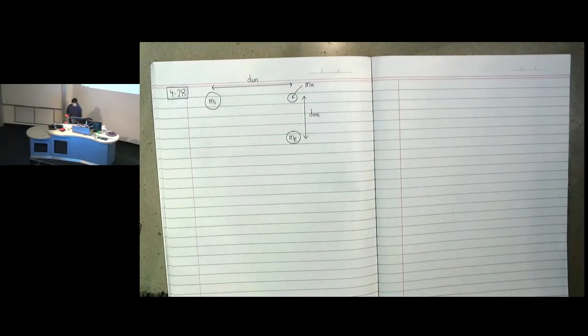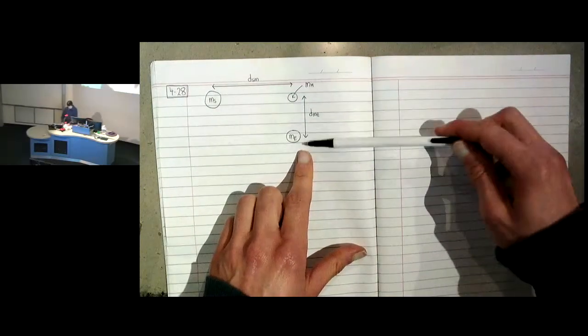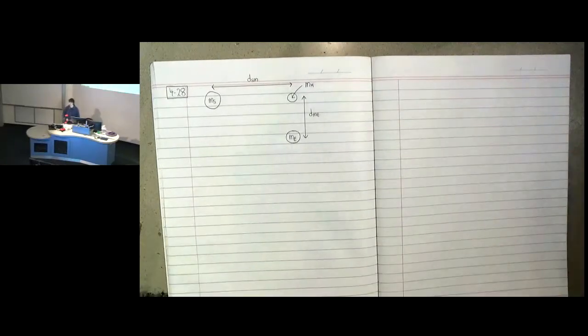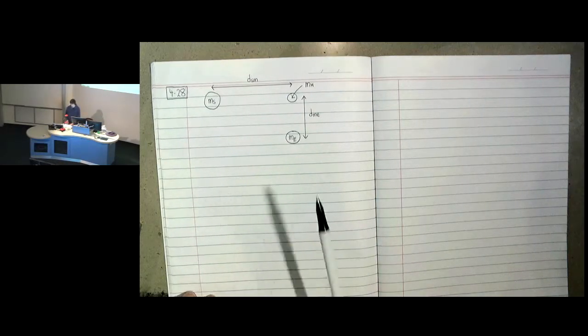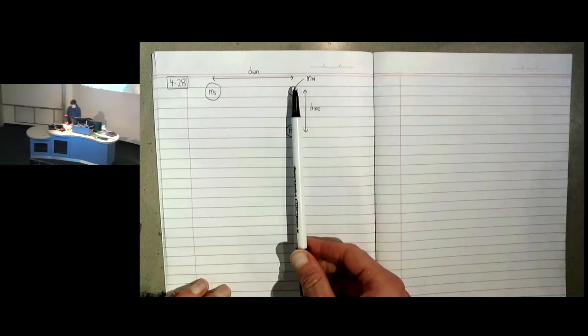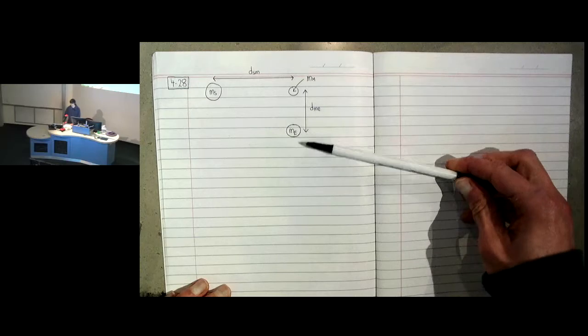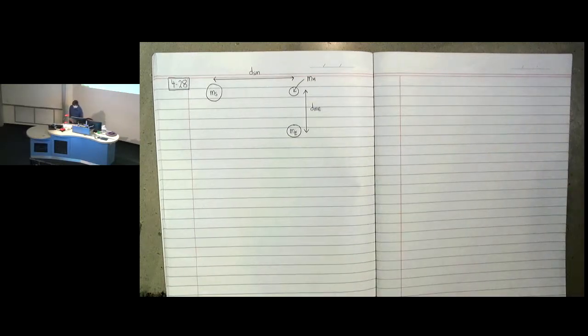And that means that if we know the distances between the centres of these objects, and we assume they're spheres, which they approximately are, then we can use Newton's universal law of gravitation to figure out the magnitude of the force that the sun exerts on the moon and the magnitude of the force that the Earth exerts on the moon. Now, which directions are they in?